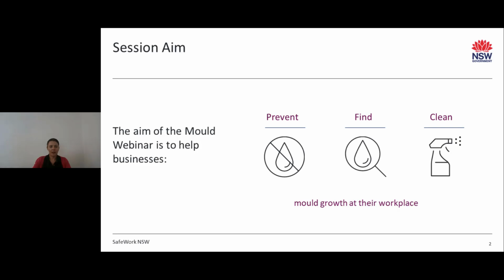Our focus is on the actions you can take as a business to identify and control mould contamination at the workplace. This session aims to assist businesses prevent mould from occurring, and if this is not possible, find mould at their workplace and once found, clean any mould safely.